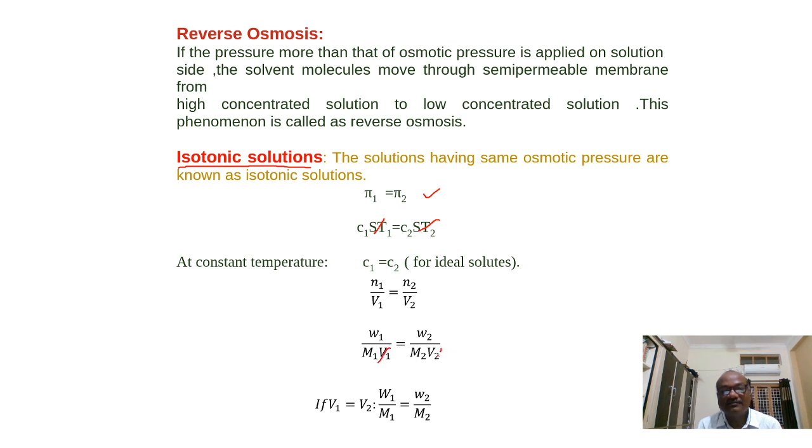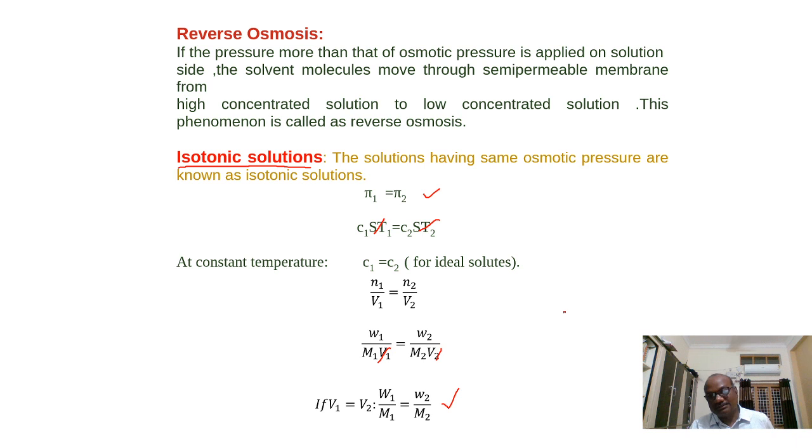If V1 is equal to V2, we can also write W1 by M1 is equal to W2 by M2. If the number of moles of solute are the same in both, they will exhibit the same osmotic pressure.